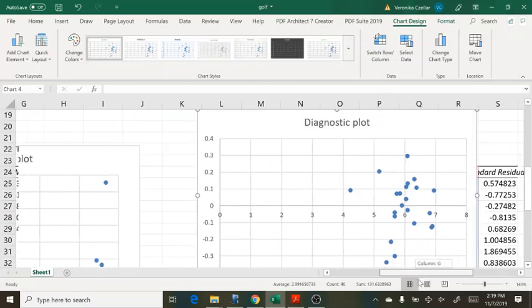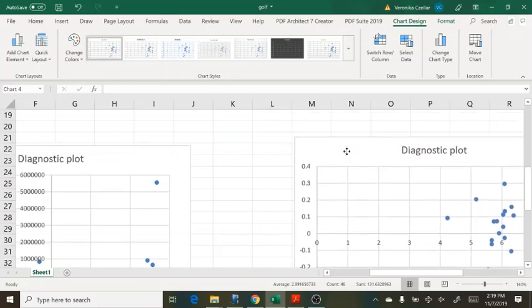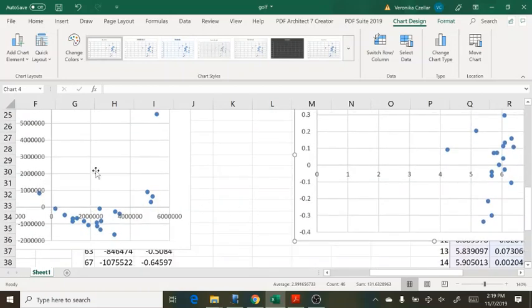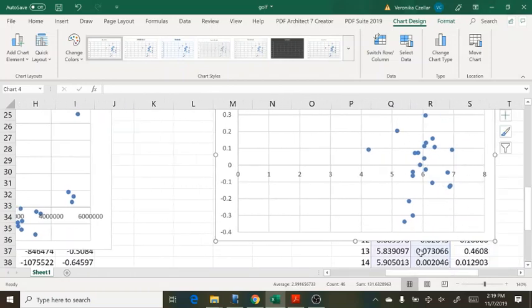And I compare the two, right, for my two models. And I see that in one, I have a clear pattern in the diagnostic plot. And here, I do not have a pattern. The points are completely scattered, and I have a chaotic scatter plot here.